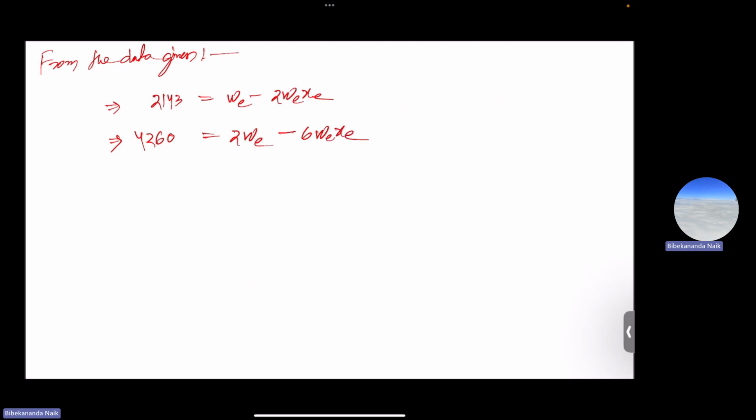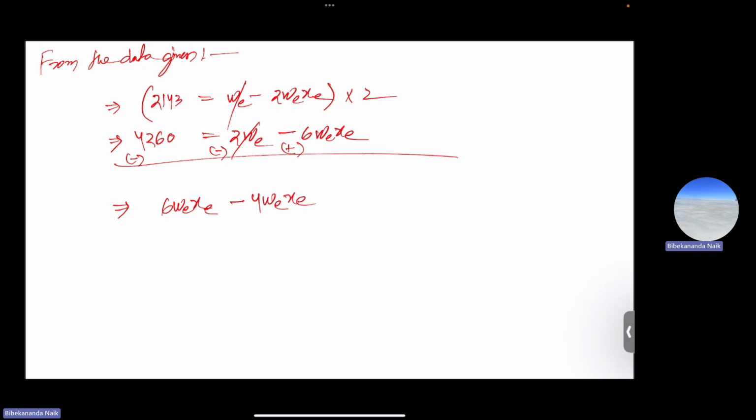So if we multiply by 2 here and then subtract, this will cancel each other, and if you calculate, this will be 6 omega E xc minus 4 omega E xc equals 2143 into 2, which is 4286, minus 4260, which is 26.